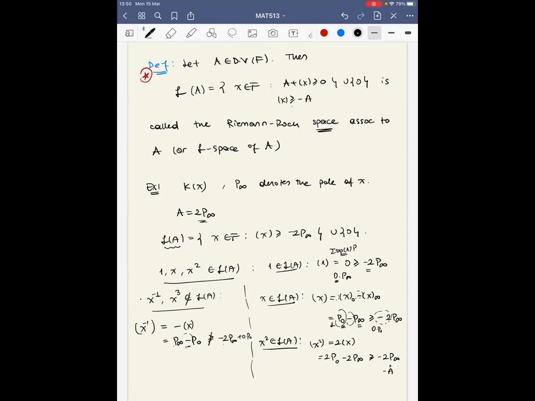So that means x inverse is not an element in the L space of 2 P infinity. And similarly for x cubed, if you consider its principal divisor, it's going to be 3 times the principal divisor of x, and the coefficient of P infinity does not satisfy the inequality.